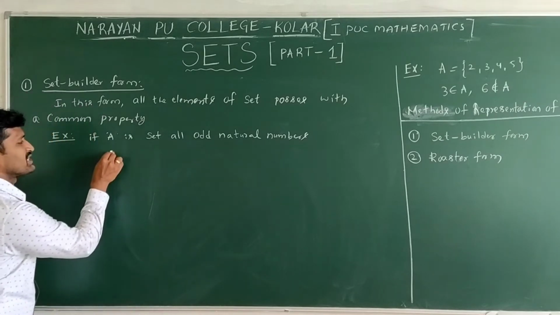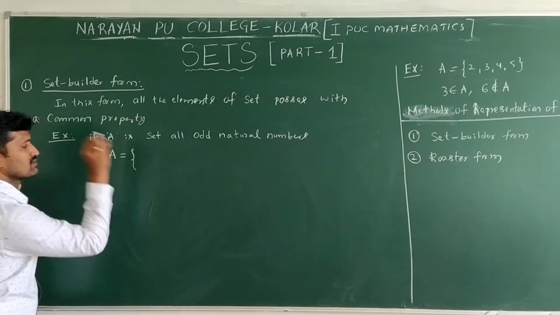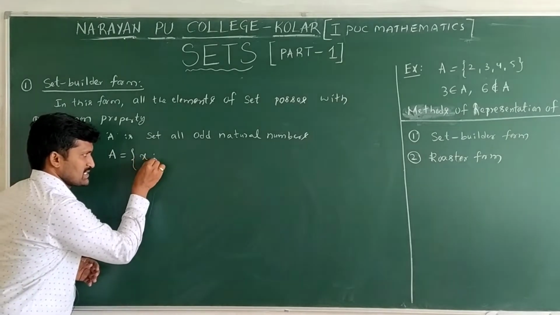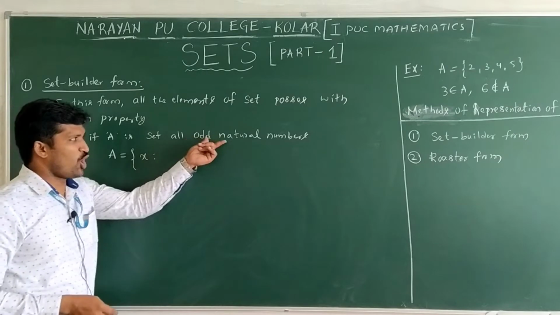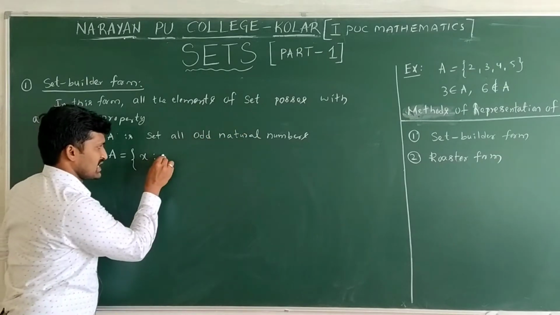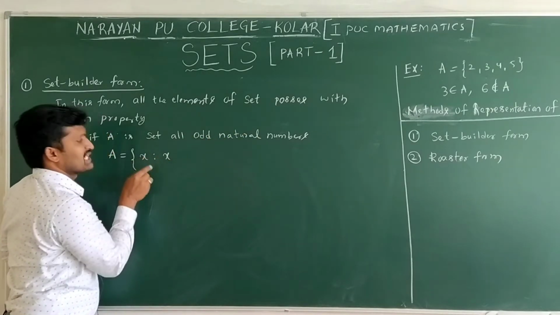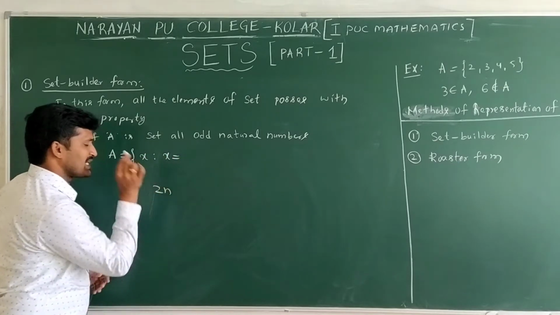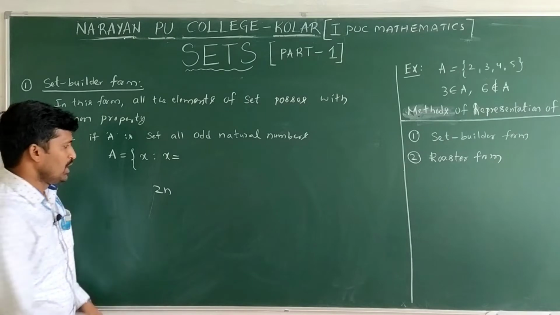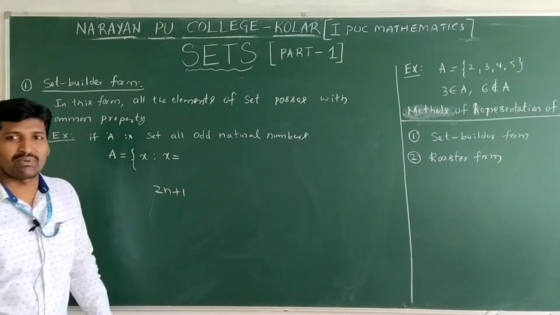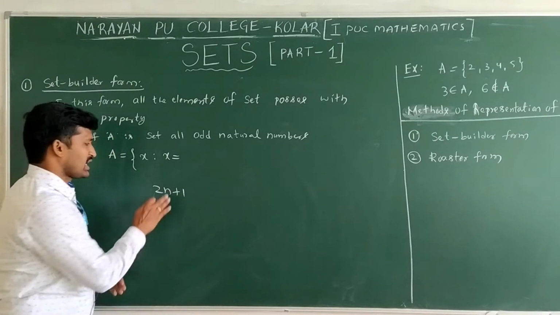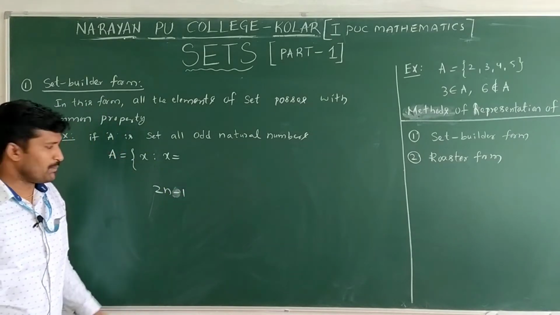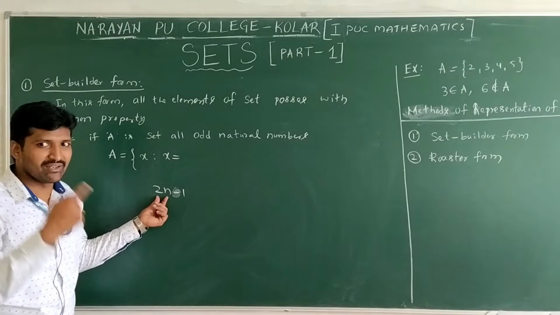But here we are writing with a common property. How do you write? The element is x. That x is an odd natural number such that x equals 2n plus 1, which gives an odd number. If you want x values, you take minus also, because we need the odd natural numbers from 1 onwards.